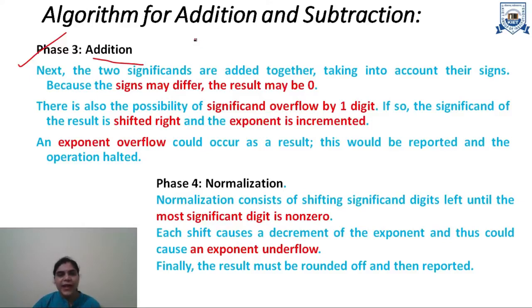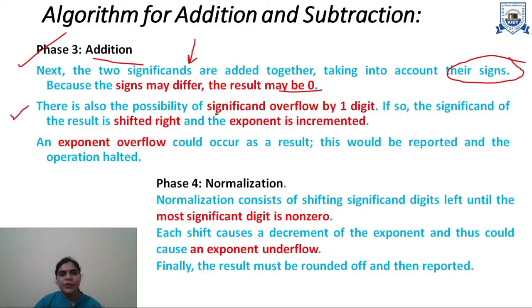We will add the significands taking into account their signs, because if both the numbers have different signs, the result may be 0. And it may be possible that when we add two significands, overflow may occur.